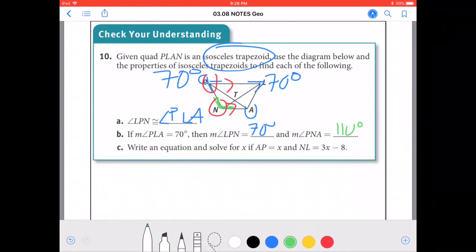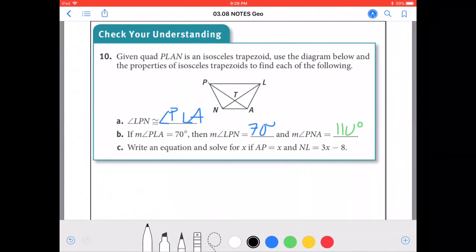All right. Likewise, we can use one of our new theorems, write an equation and solve for x if AP equals x and LN is equal to 3x minus 8. So let me clear up our space, our diagram. So AP is this line segment right here, and NL is this line segment right here.